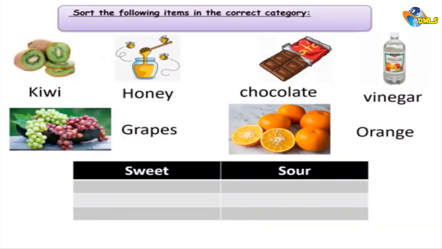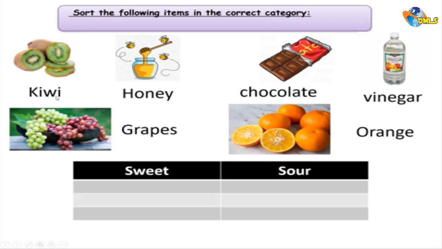Now I want you to sort the following items in the correct category. Do you remember what is the meaning of sort? We said sort means put in groups. We have two groups, a group for sweet and a group for sour.